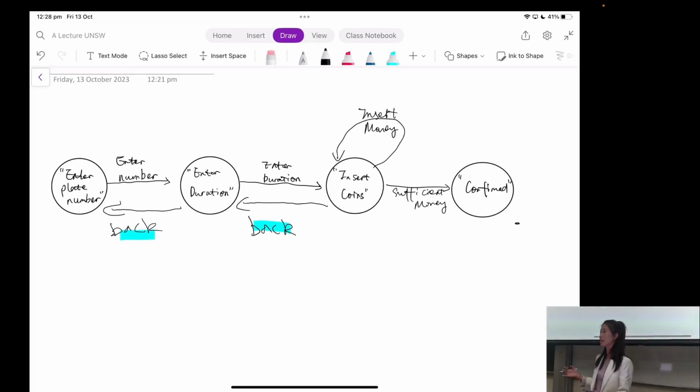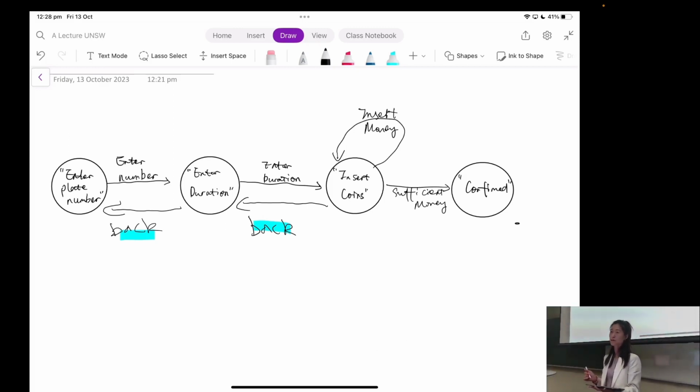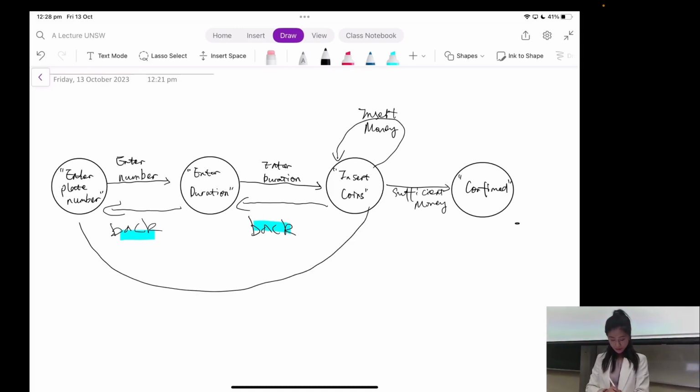Maybe there's also another event called insufficient money. You enter a couple of times, but you find that you only brought $1 today, and you do not have $3 to park here. So you may go back, cancel from here, and also eject the $1 that you have already put into the parking meter.